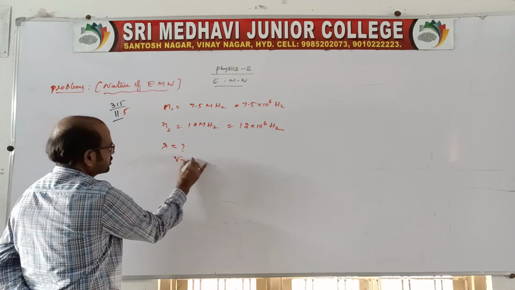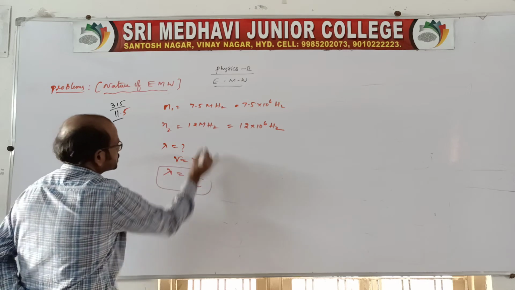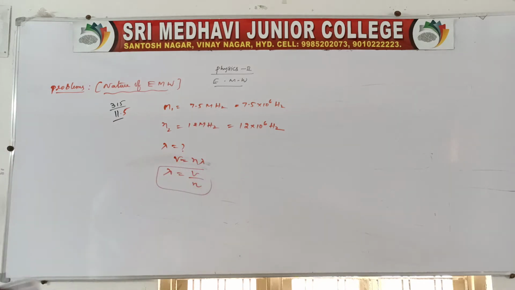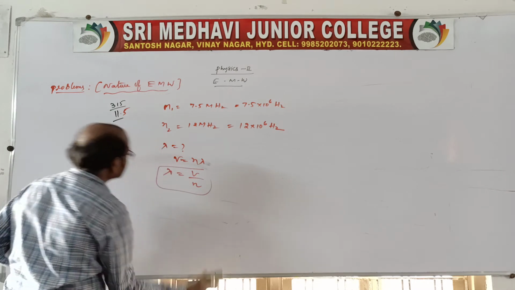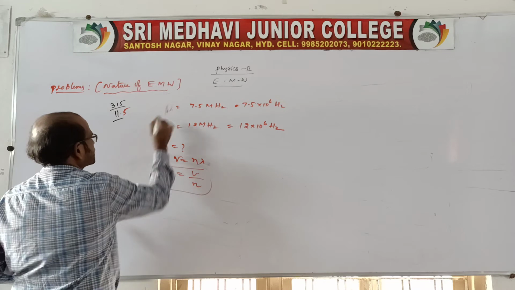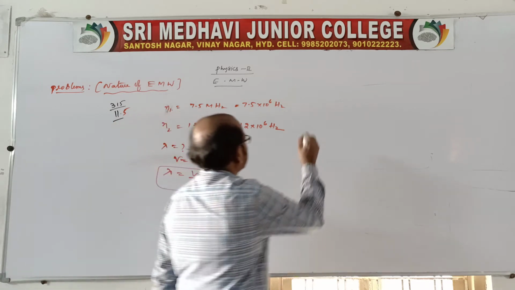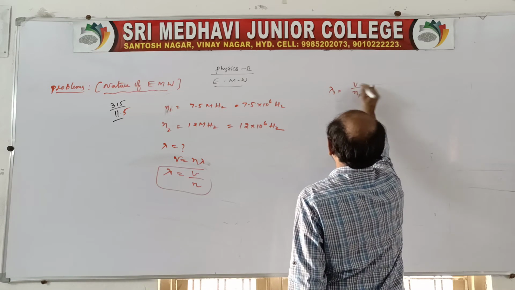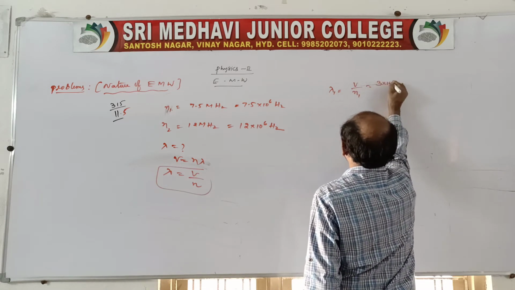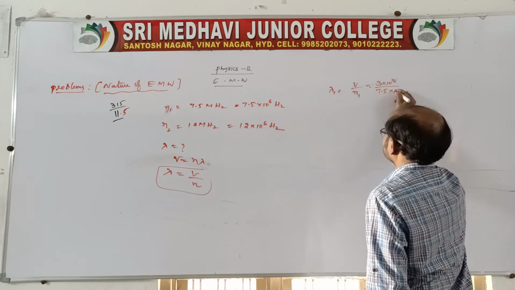See, v is equal to n lambda, then lambda is equal to v by n. Use the first frequency that is given, n1. For n1, lambda 1 is equal to v by n1. V is the velocity of light, 3 into 10 power 8, by the frequency 7.5 into 10 power 6.